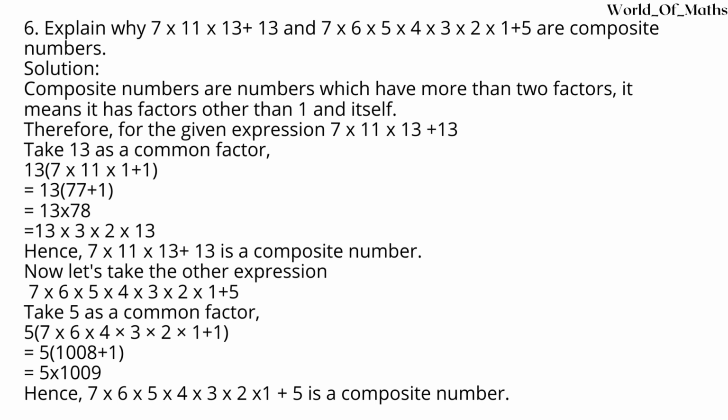We know if we prime factorize 1009, we will get many factors. It has more than two factors. Hence, we can say this expression is also a composite number because it has more than two factors.